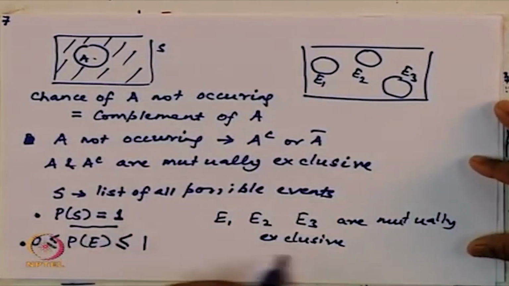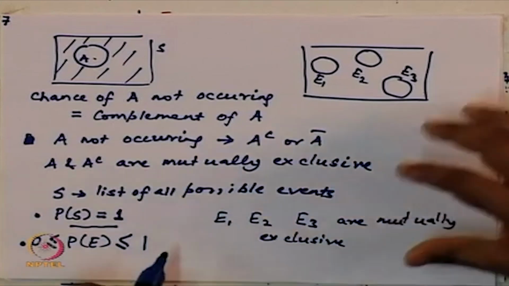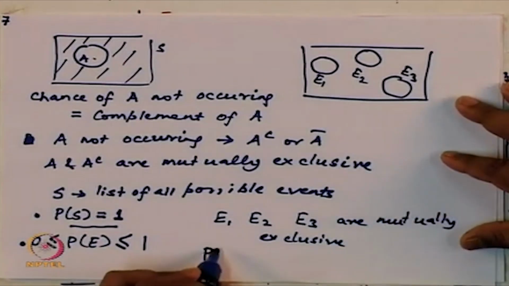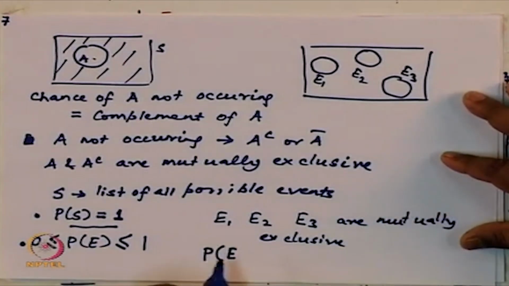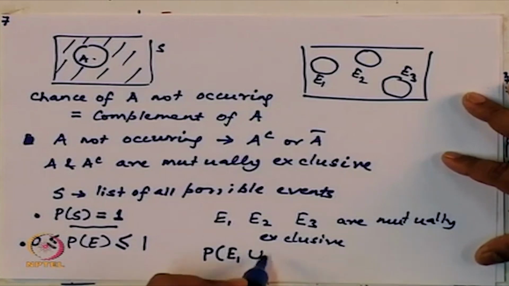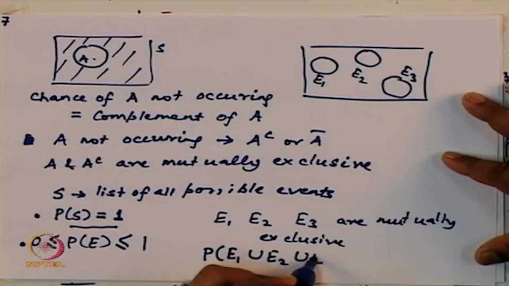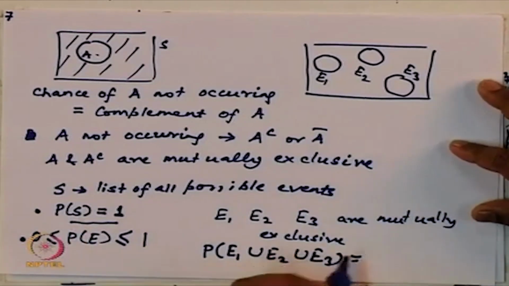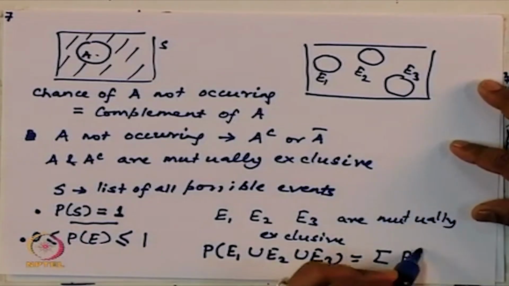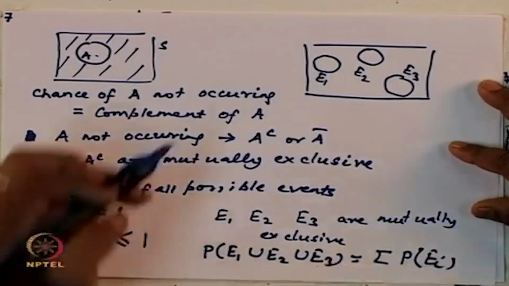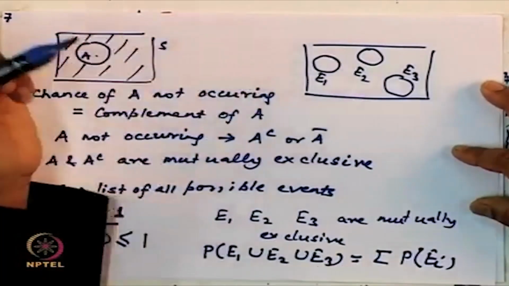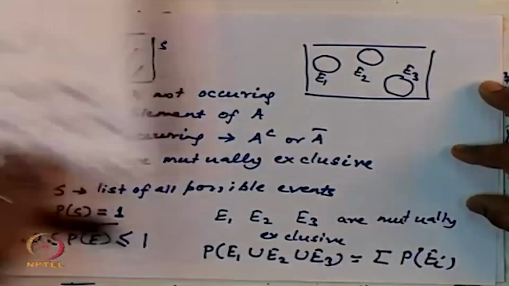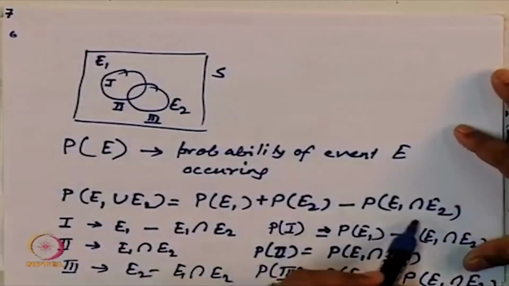For these mutually exclusive events, I can write the expression for the probability of E1 union E2 union E3. It is nothing but the summation of the probability of the events Ei, because there is no overlap, as we discussed.